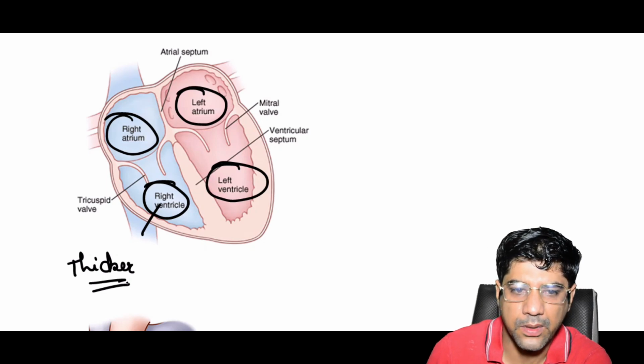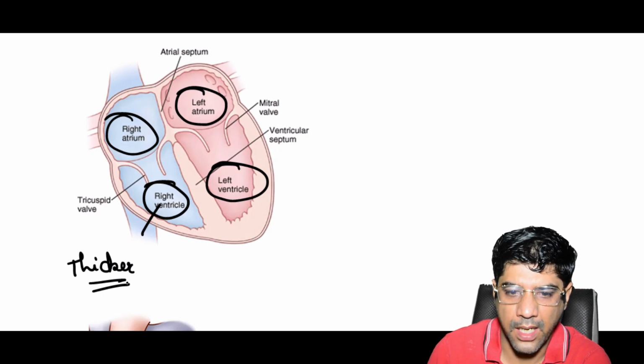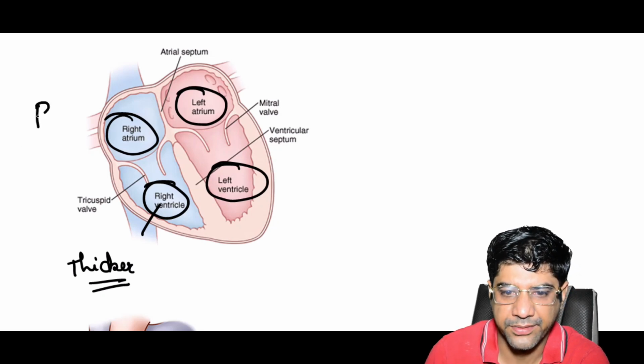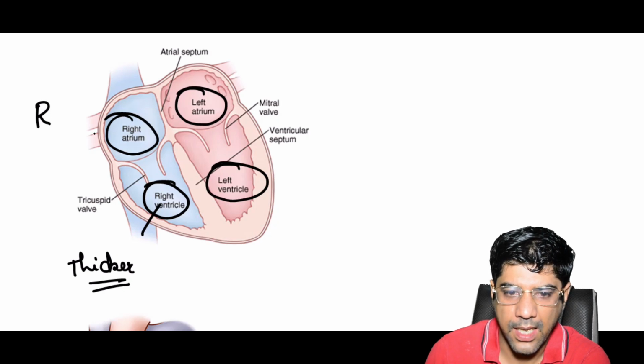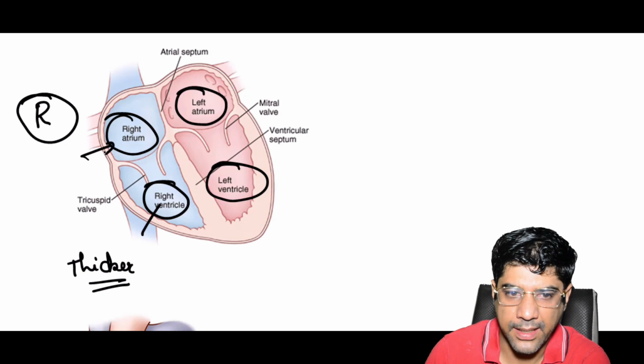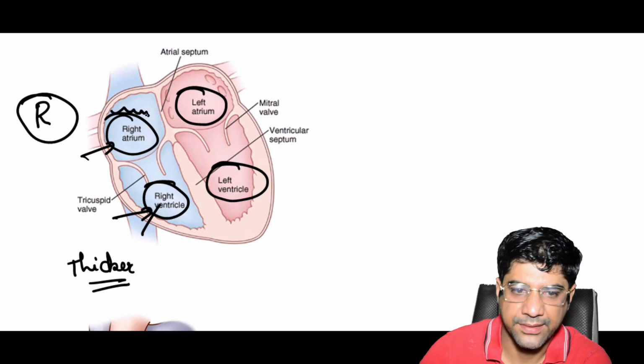Now let us discuss the right side of the heart. The right side of the heart, remember, consists of the right atrium and right ventricle. The right atrium is a thin-walled, low pressure chamber that has the SA node.